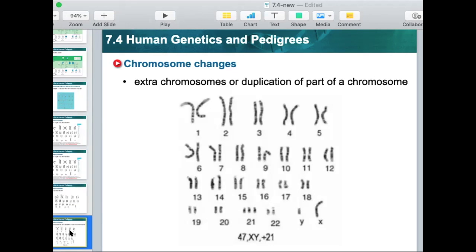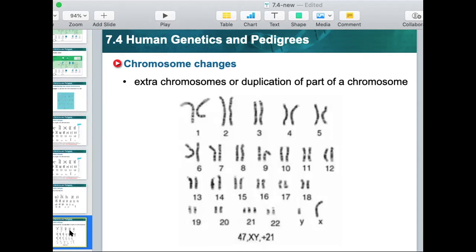You can have extra chromosomes too, where you can have a whole or part of the chromosome that's duplicated. Do you see on here where that happened? Where do you see more than 2? 21, exactly. You know what this is called when you have 3 chromosomes in the 21? Down syndrome, exactly. Down syndrome is a common genetic disorder.